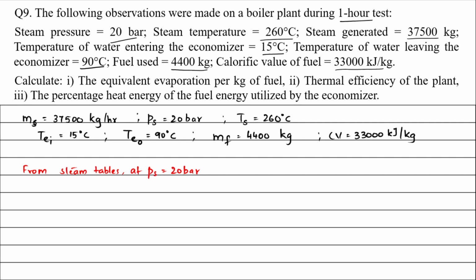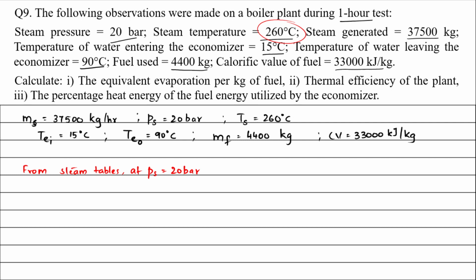If the temperature of the steam is less than the saturation temperature, then we have to find the enthalpy of the steam accordingly. If the temperature is more than the saturation temperature, then the steam is in a superheated condition, and I can refer to the superheated steam tables.